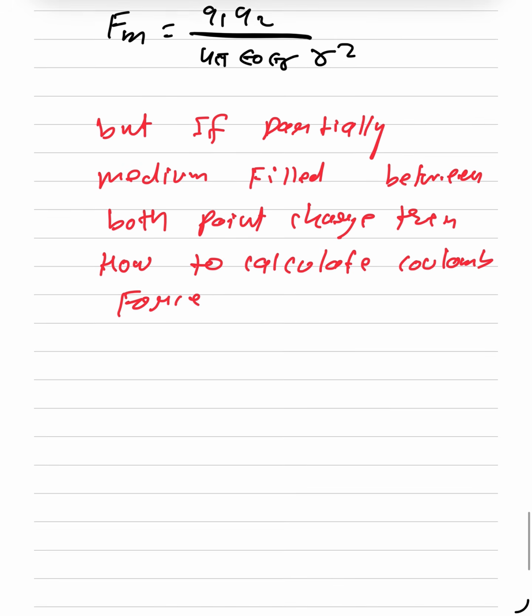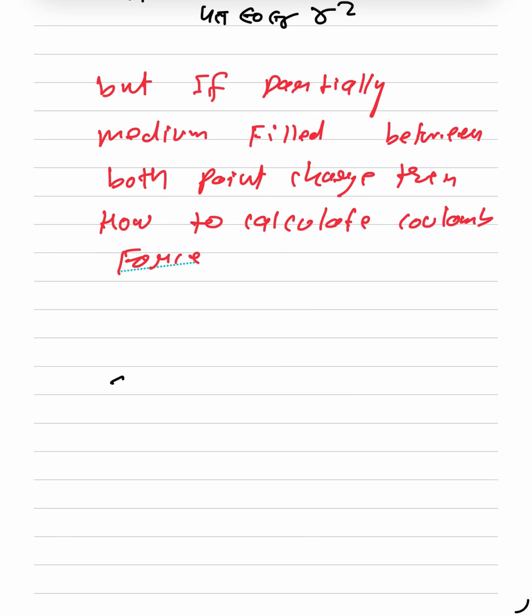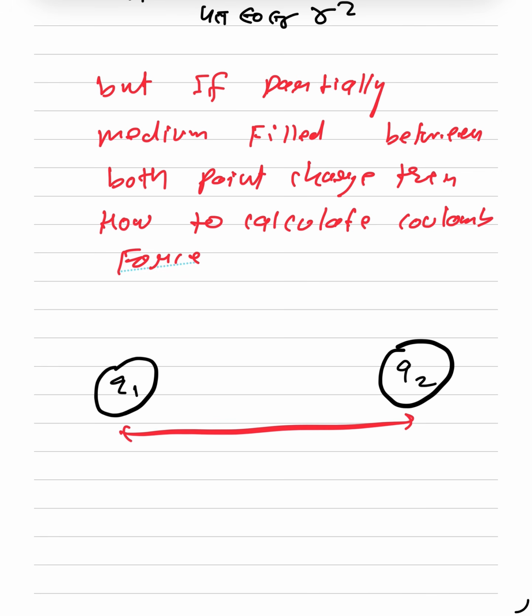As in this diagram, suppose that this is a charge Q1 and this is a charge Q2, the separation distance between both charges is r, and the medium is filled partially like this, the thickness of the dielectric material plate is t and the dielectric constant of the medium is epsilon r, or small k.